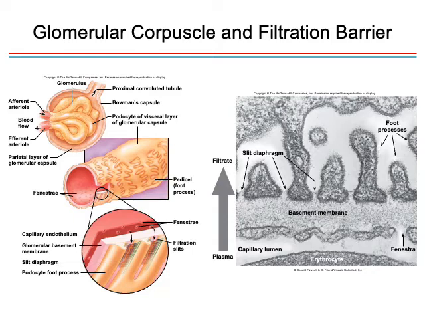If you take a look on the right, you will see a really nice transmission electron micrograph picture of the same process. So this is a real photo. At the bottom, you'll see what looks like this big circular gray blob.